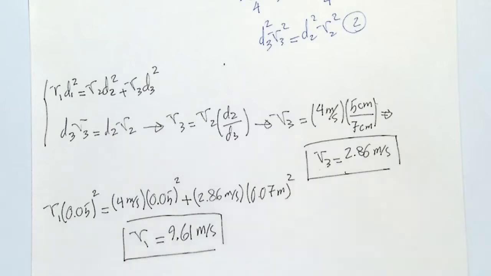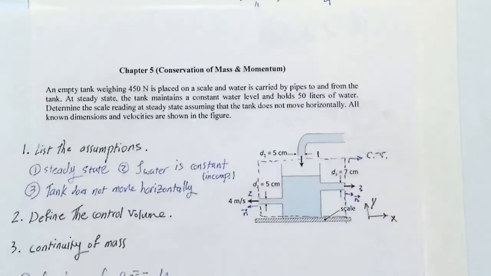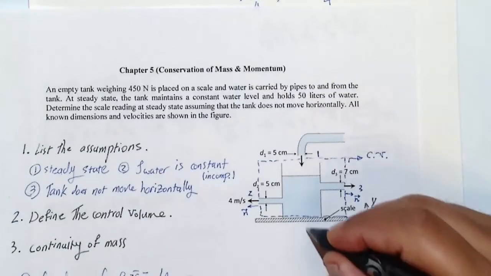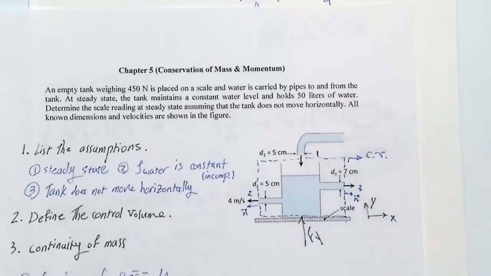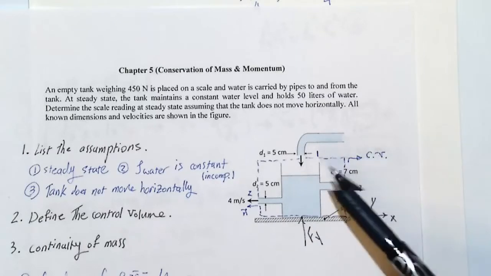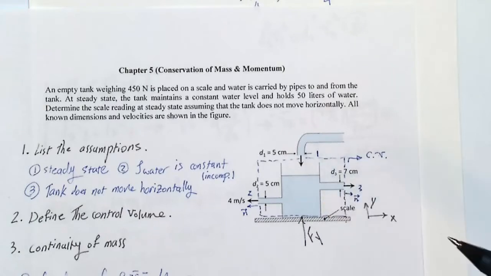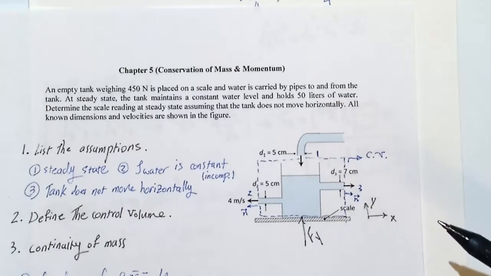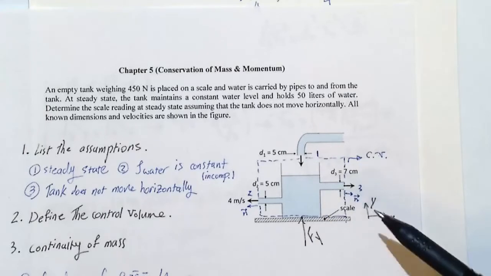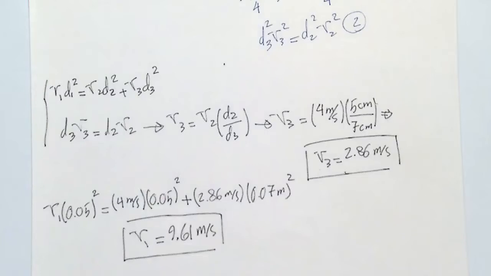Because if you want to find out the force in y that is asked by the question, you have two unknowns. One, you don't know the velocity v1, and second, you don't know the velocity v3, right? You have two unknowns and you need two equations. That's why we found them by these two equations.